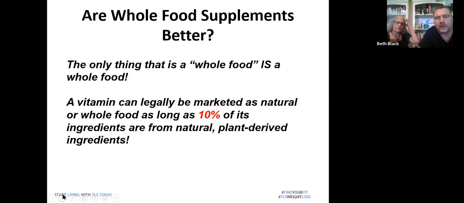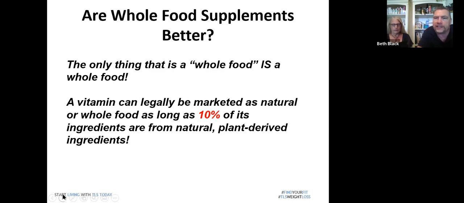Go ahead. Yeah, and a lot of people talk about, well, I take a whole food supplement. We'll be discussing isotonics and someone says, well, I'd rather have a whole food supplement. And for educational purposes, we looked that up and we learned that a vitamin can be legally marketed as natural or whole food as long as 10% of it comes from natural or plant-derived ingredients.